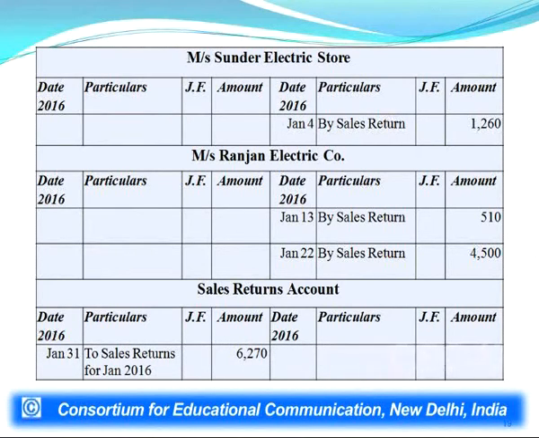Rajan Electric Company, on the credit side on January 13 and 22, by sales return 510 rupees and 4500. And the total of all these sales returns goes in the sales return account, on the debit side at the end of the month, that is 31st January, to sales return for January 2016.